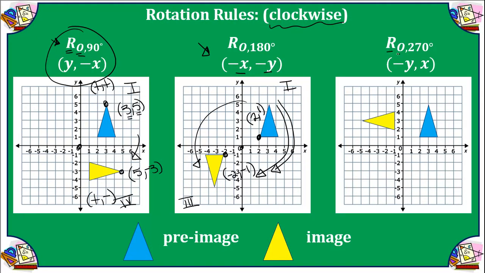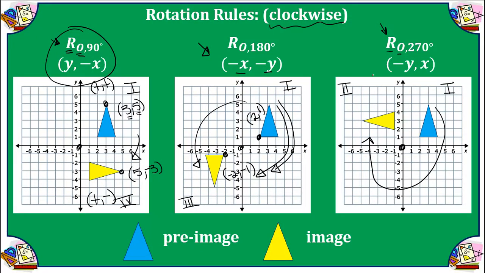Now the rule for rotating about the origin clockwise 270: we are going from quadrant 1 all the way to quadrant 2. So this rule for 270 clockwise is the same rule as going 90 counterclockwise.